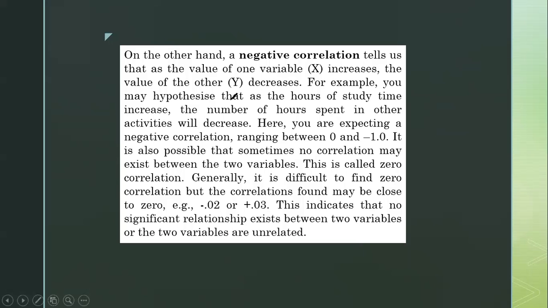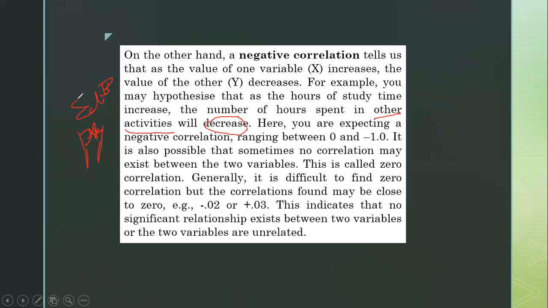Maybe you may hypothesize that as the hours of study time increase, the time spent in other activities will decrease. Here, it is not the academic achievement, it is like other activity, say eating breakfast, like playing. When you study more, your playtime is less. You can correlate in that way.